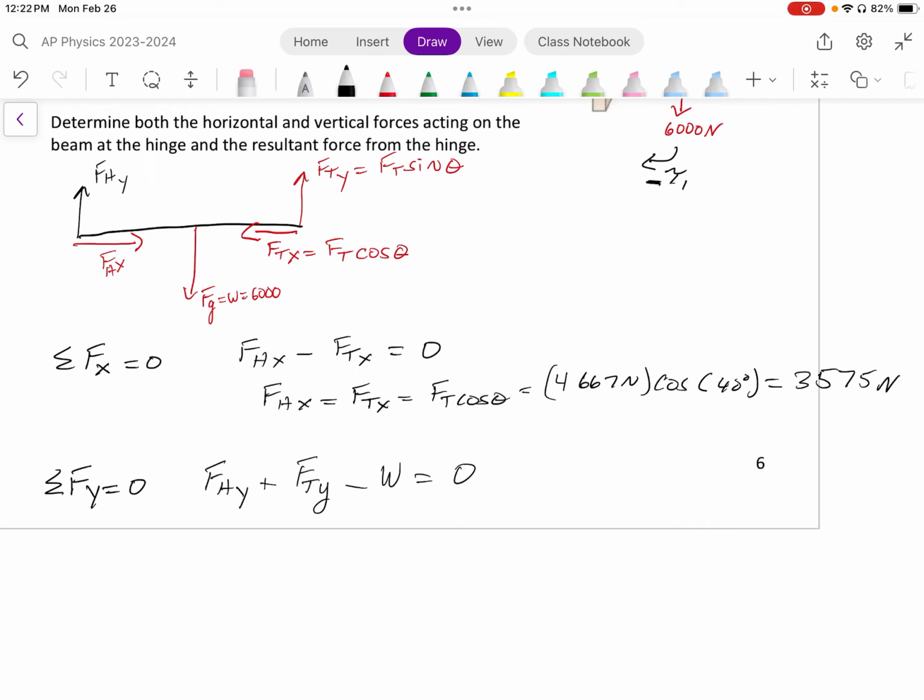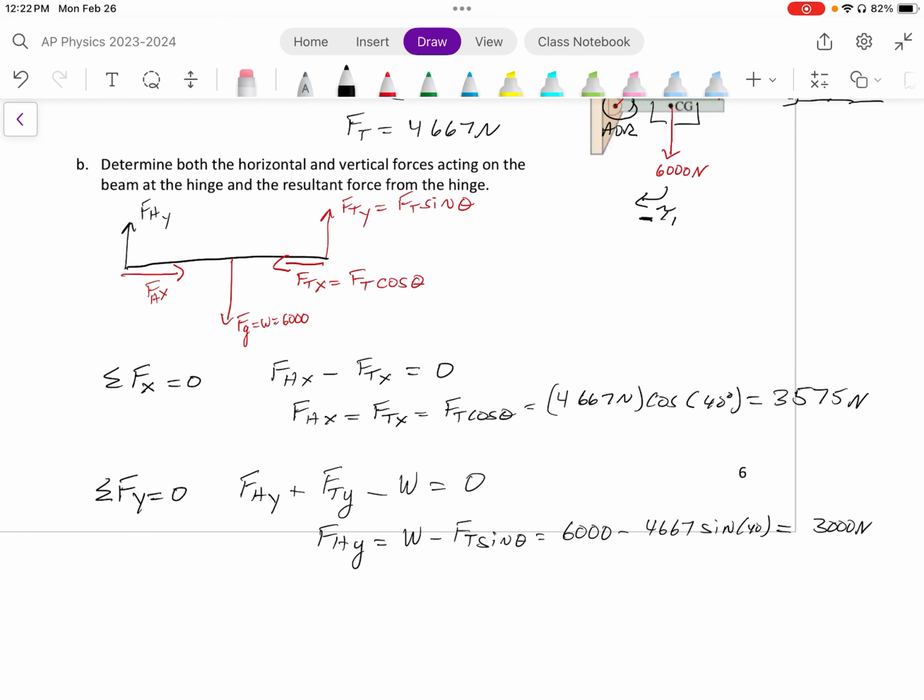I'm trying to find the force of the hinge in the y direction, so it will be equal to the weight of the beam minus Ft sine theta, which is 6,000 minus 4,667 newtons times sine of 40 degrees. If you plug that into your calculator, and assuming I did this properly, I get 3,000 newtons. That answered a few different parts of that. That's force of the hinge in the x. This is force of the hinge in the y.